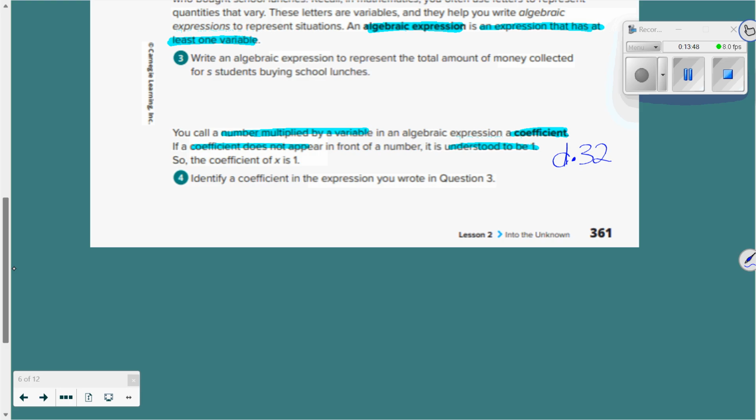Well, I mean, that's okay. Property of multiplication, yes, we do. So does it matter if I use b times 32 or 32 times b? No, it doesn't matter. Here's why. What is multiplication?